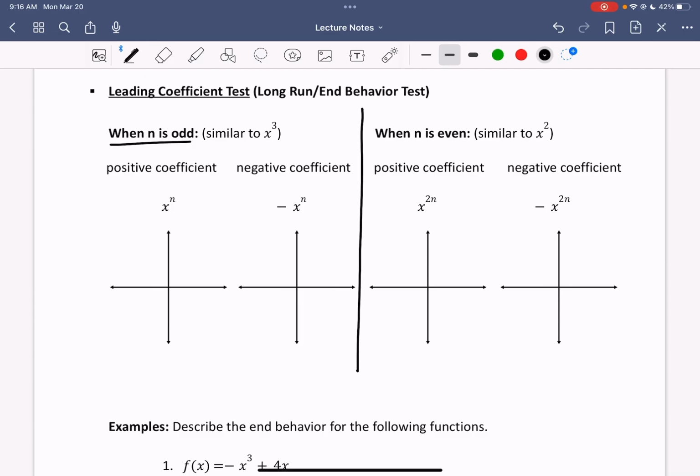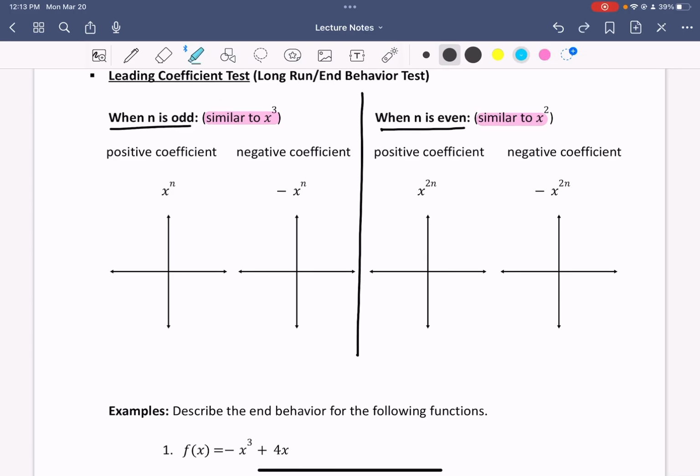When n is odd, it's going to be similar to x cubed. That's important to note. And when n is even, just like what we did before, it's going to be similar to x squared.